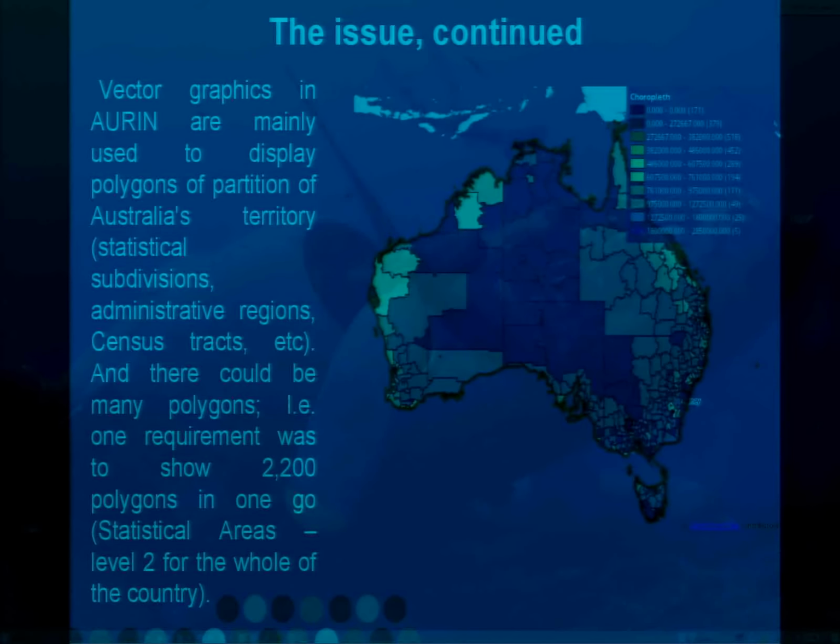So there are 2,200 polygons across Australia for this particular statistical areas, this is just a subdivision of Australia into homogeneous statistical areas at level 2. As you may see, Australia is a big country, but all the population is here, which means that you can have polygons like these, pretty big, but pretty simple.